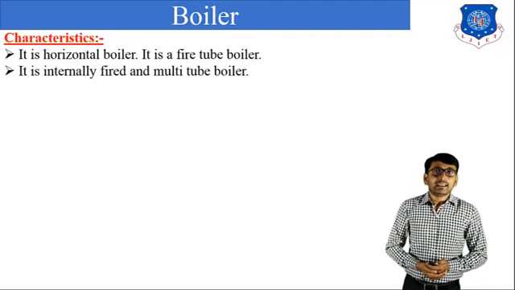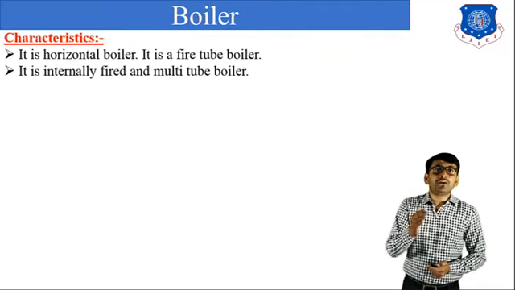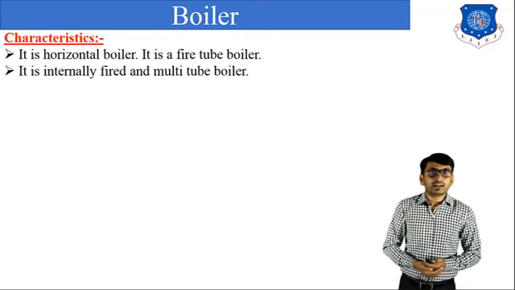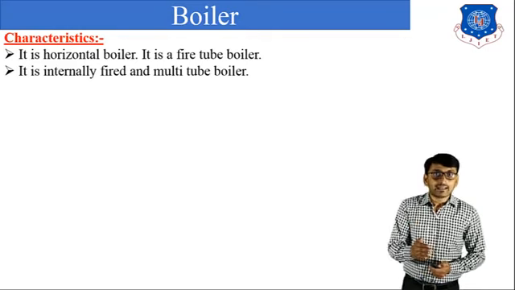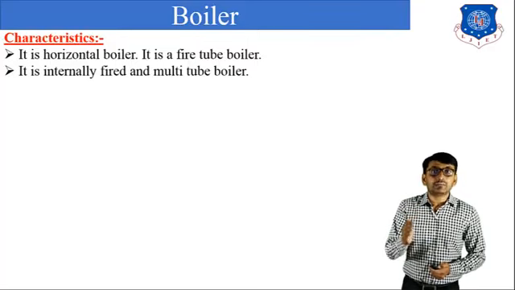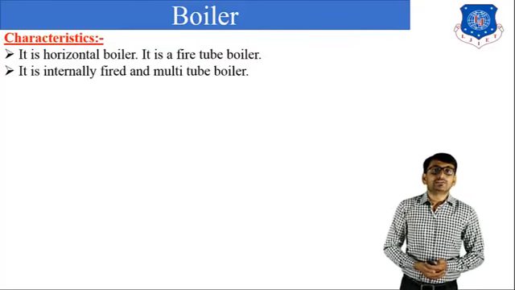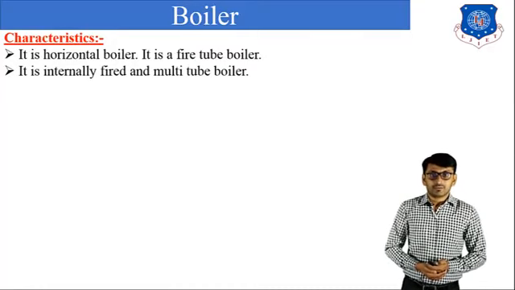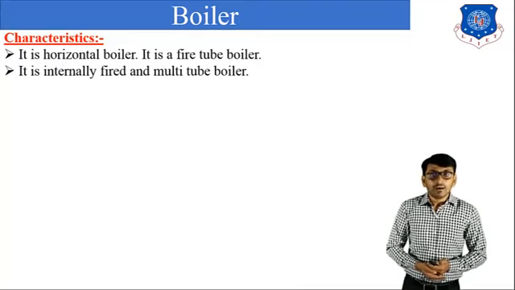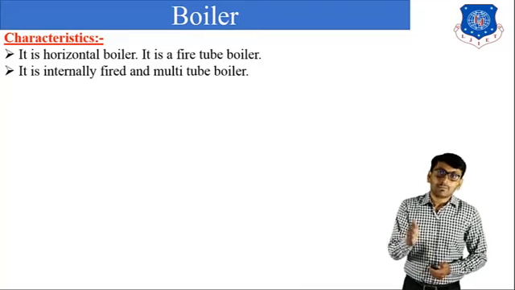Then third, it is an internally fired boiler. What do you mean by internally fired boiler? If the furnace is directly attached with the boiler shell, then it is called an internally fired boiler. It is also a multi-tube boiler because more than one tube is present.